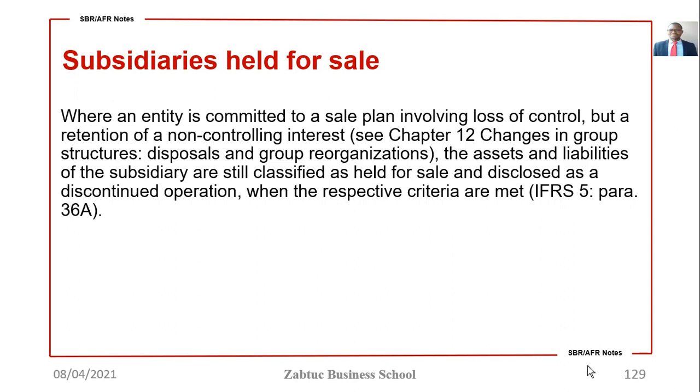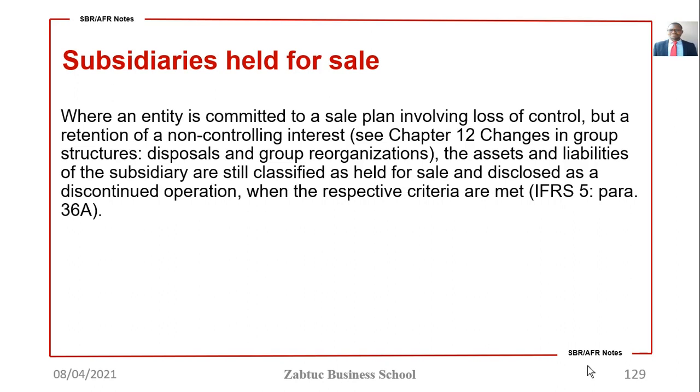Now, subsidiaries held for sale. Where an entity is committed to a sale plan involving a loss of control but a retention of non-controlling interest, we have some points in the brackets. You can see chapter 12, changes in group structures, and so on.